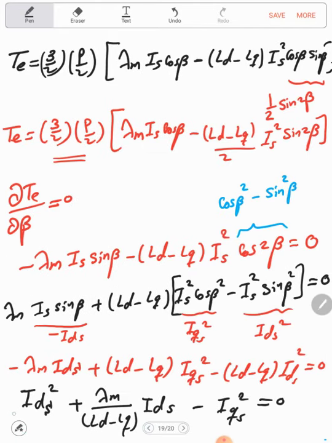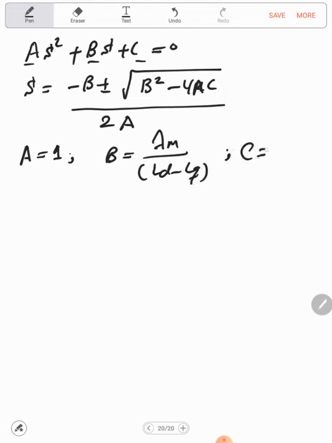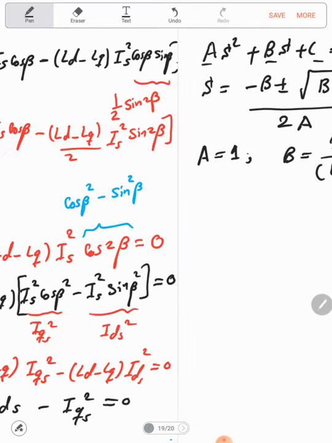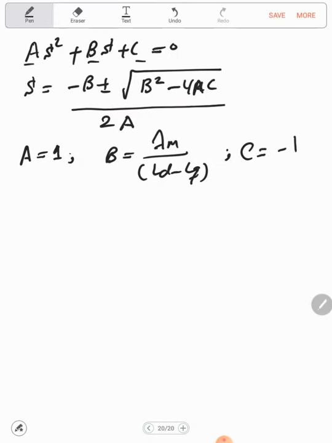So a is equal to 1, and b will equal lambda m over LD minus LQ, and c will equal minus IQS square.